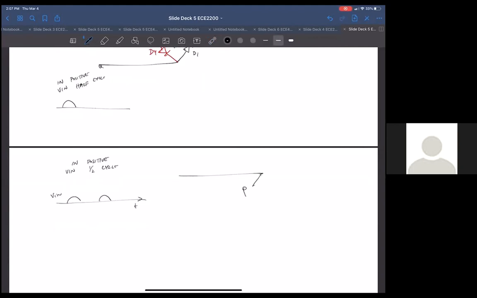So D2 turns off. D3 turns on. I'm just using the ideal model here so as not to confuse you guys. And this is minus, plus, V out.